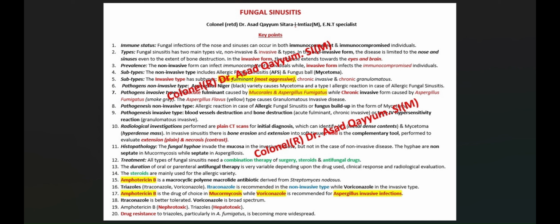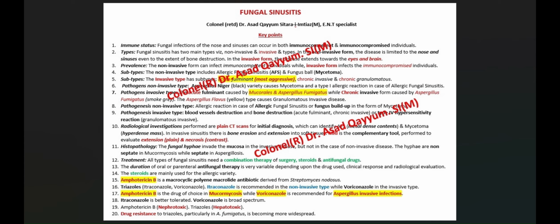Prevalence. The non-invasive form can infect immunocompetent individuals, while invasive form infects the immunocompromised individuals. Now, coming towards the subtypes of these two main types. In the non-invasive types, there are two main subtypes.